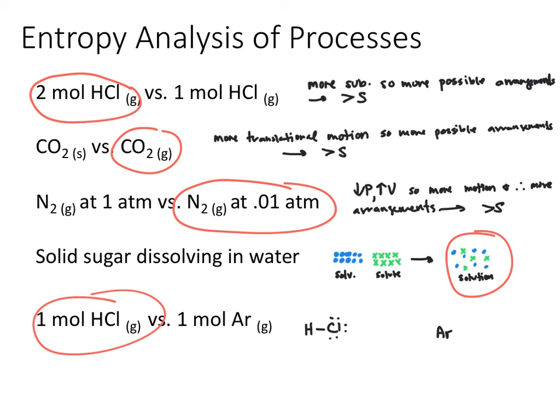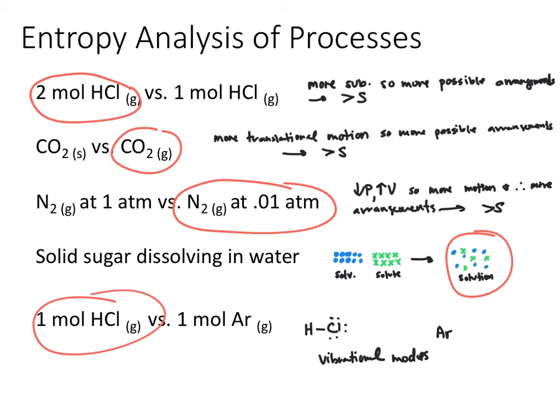Okay, and so the driving force here is actually going to be your vibrational modes. Okay, so your vibrational modes here are what's driving the HCl to have the greater entropy. Argon is able to move through space, it's able to rotate along an axis. However, it doesn't have any stretching frequencies because it doesn't have any bonds.